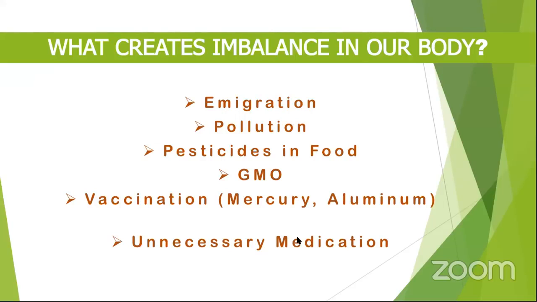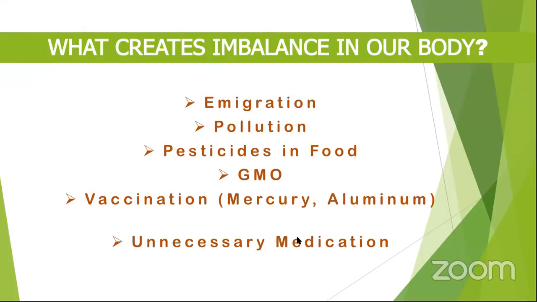and trees that create different oxygen in the environment. So it will bring imbalance to the body, and the body starts behaving differently. The pollution, as we said, we have a lot of pollution in the environment, and we absorb those things, plus all those elements that our body needs.